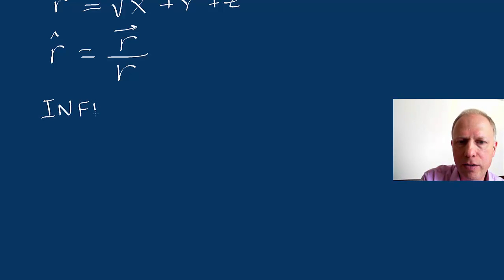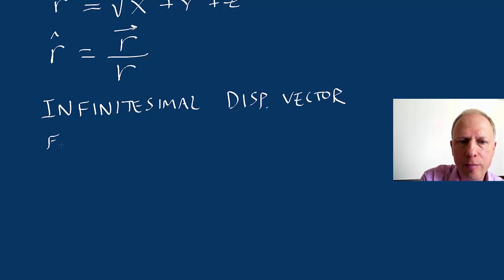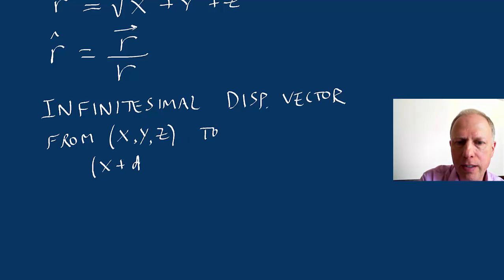Let's consider the so-called infinitesimal displacement vector. It takes you from the point with coordinates x, y, z to the point x plus dx, y plus dy, z plus dz.